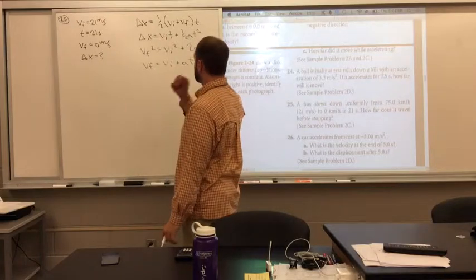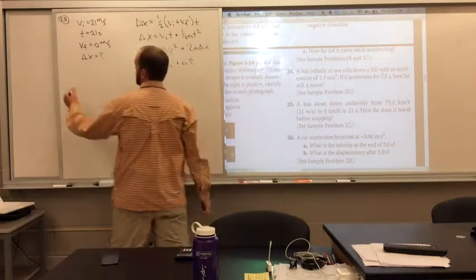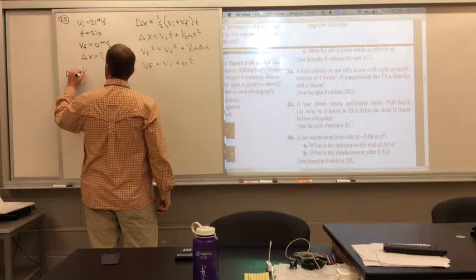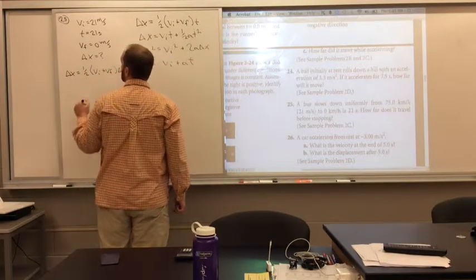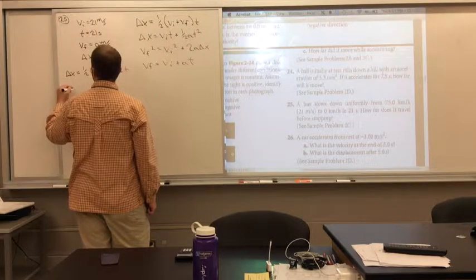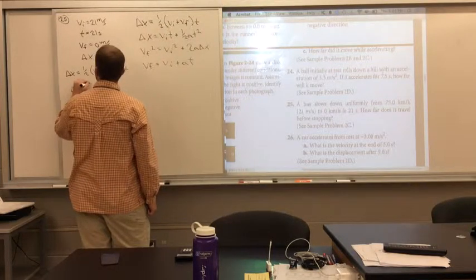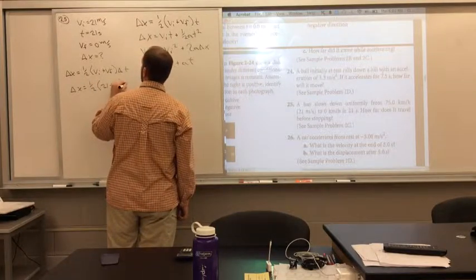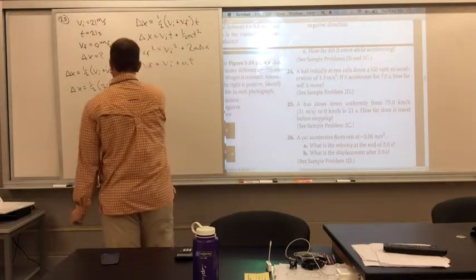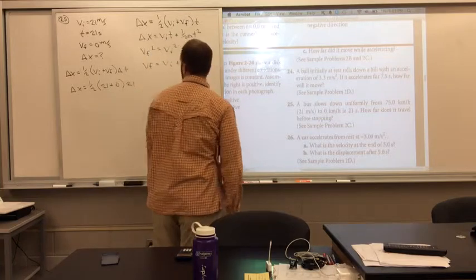To solve it, we can use the first equation. Delta x is 1/2 initial plus final times time. Plug everything in there: delta x equals half of 21 plus 0 times 21. Both 21? Look at that.